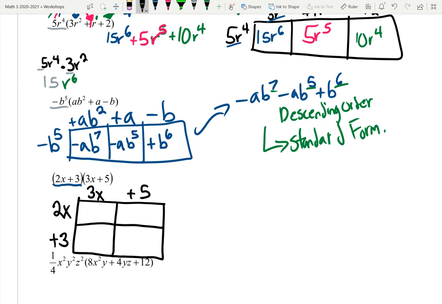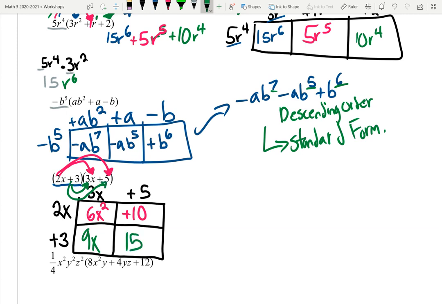Now I have to make sure I have the boxes. Multiplying a binomial by a binomial will result in 4 products. This is a result of this 2x being multiplied to the 3x, which is going to be the 6x squared, the 2x being multiplied to the 5, which is a positive 10, 3 multiplied by 3x is a positive 9x, and likewise 3 multiplied by 5 is a 15.